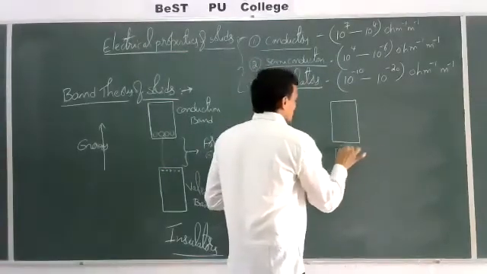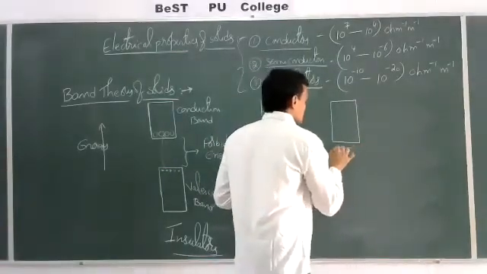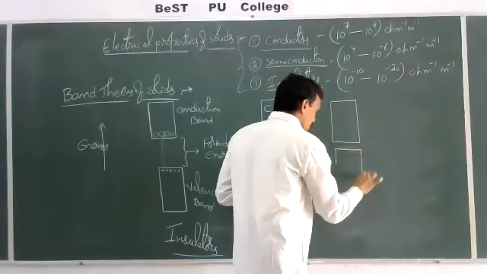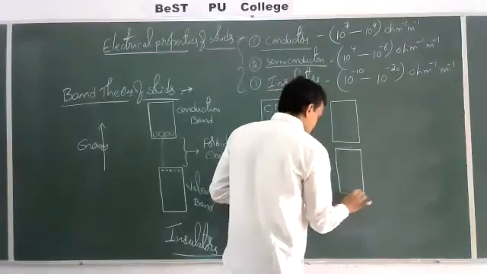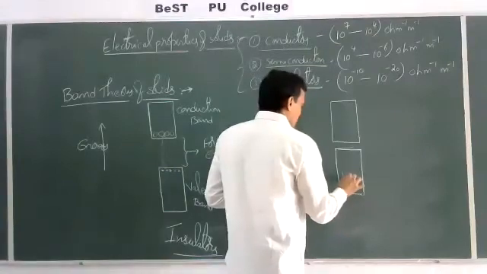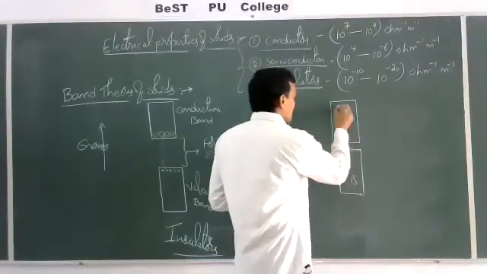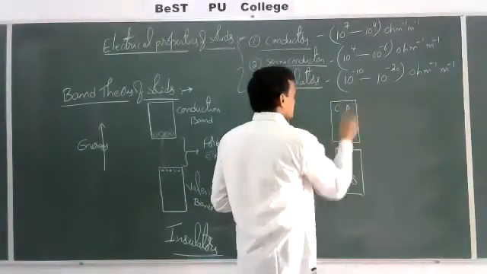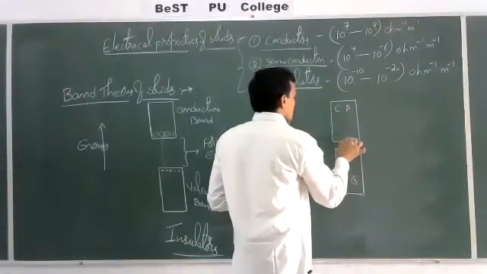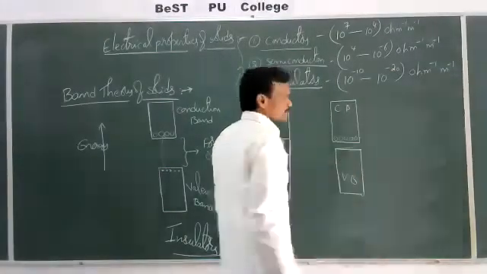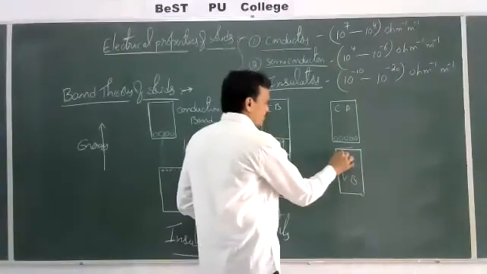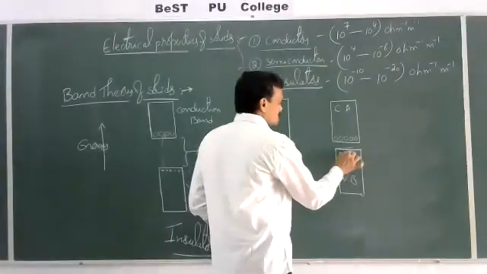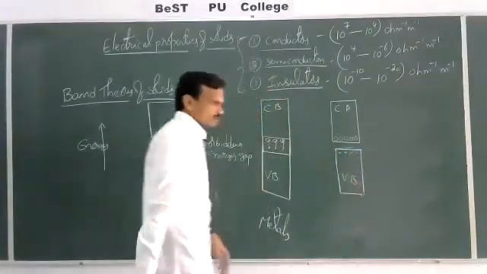In case of semiconductors, the forbidden energy gap will be less between the valence band and conduction band. See, the conduction band contains unoccupied orbitals. The valence band contains orbitals with unpaired electrons.